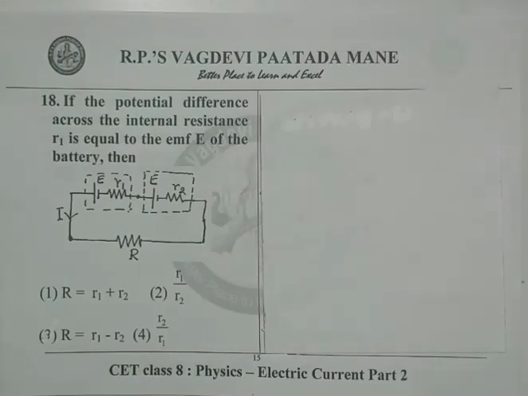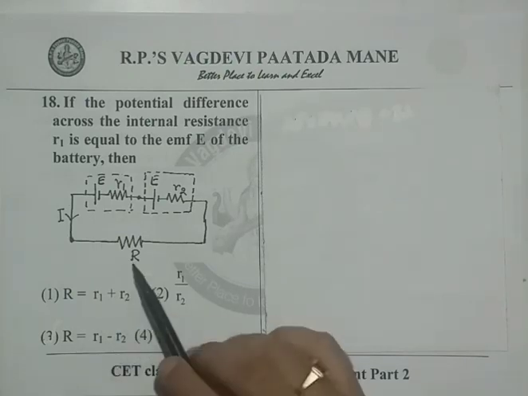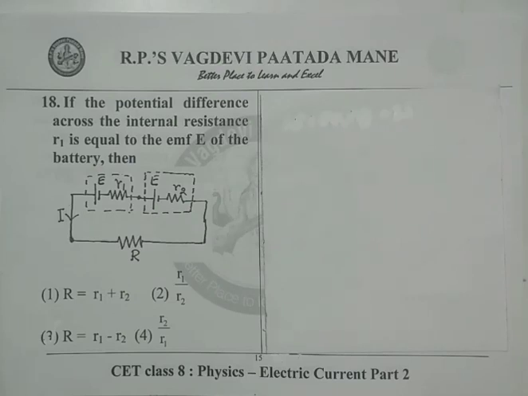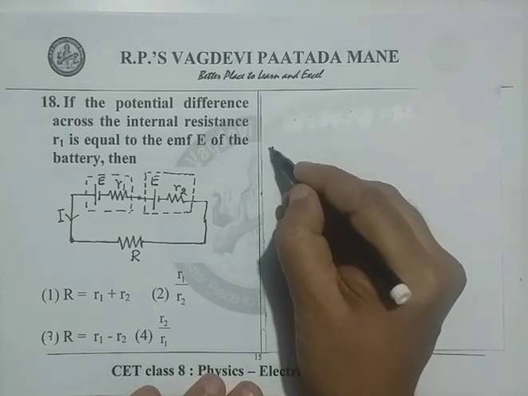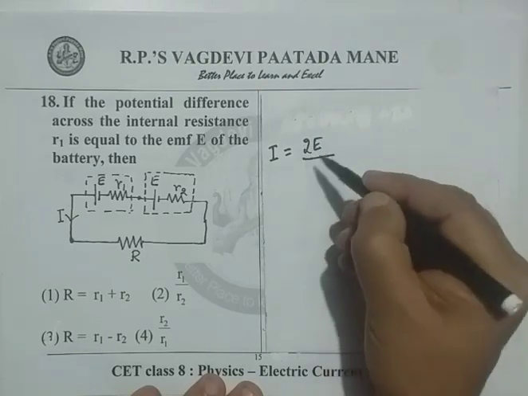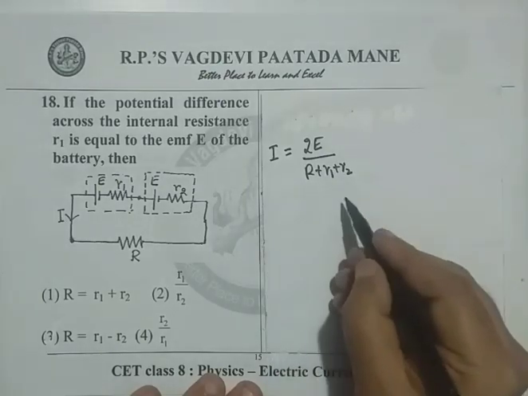In this problem 18, we have to find the relation between external resistance and internal resistances. We read the problem carefully. If the potential difference across internal resistance R1 is equal to the EMF E of the battery, then we write the expression for current in this circuit. I equals net EMF 2E divided by net resistance R plus R1 plus R2.